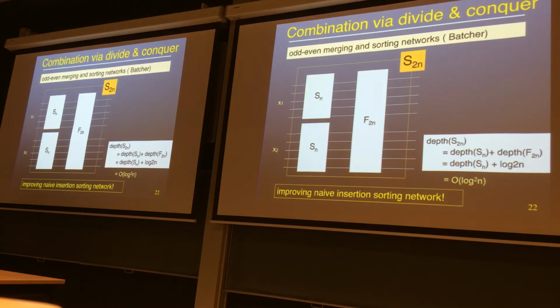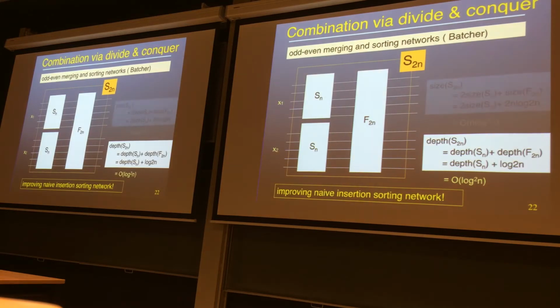Well, we don't know, of course, the depth of Sn, but now we know that the recurrence relation is: depth of S2n is depth of Sn plus log 2n. And from that, you can immediately derive the O of this recurrence, the corresponding depth for S2n should be O of log squared 2n. Yeah, that's a simple unfolding, of course.